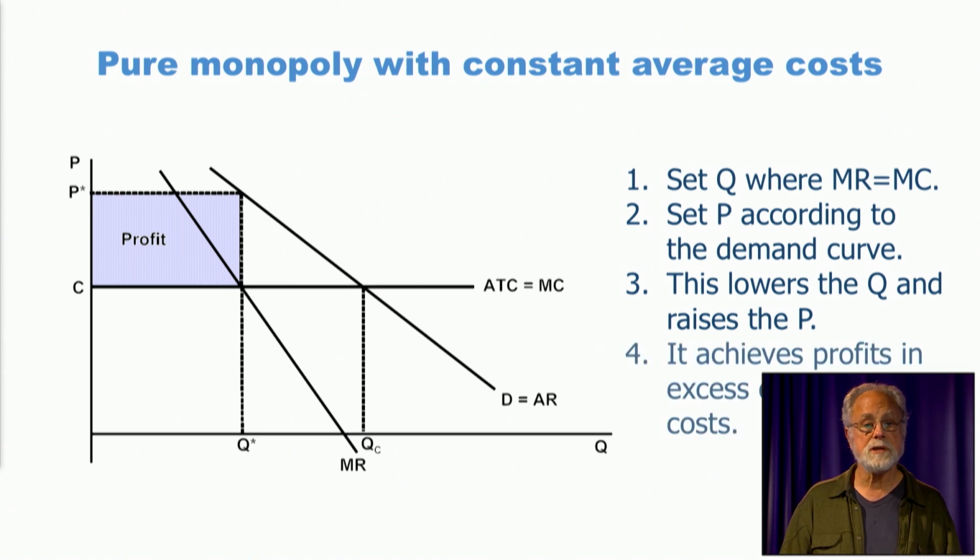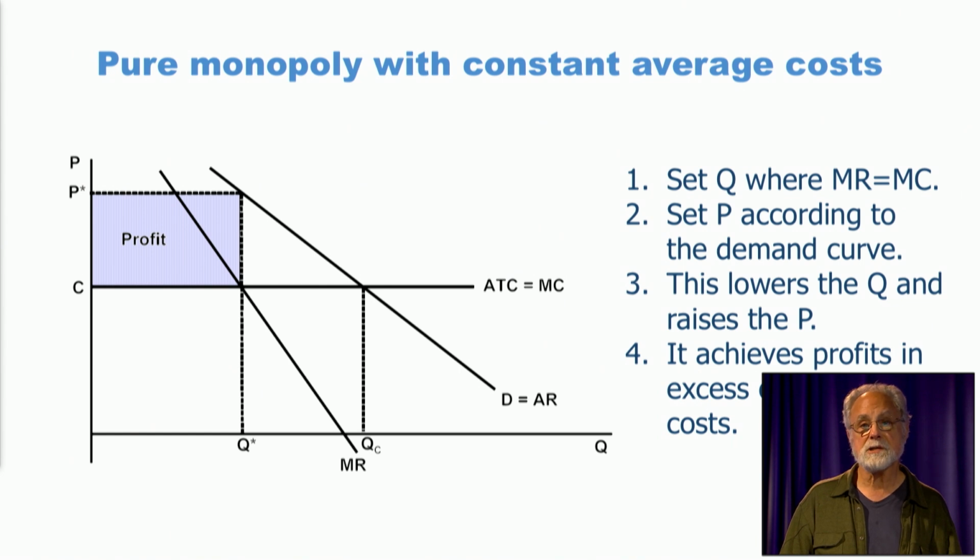And then what you see is that purple rectangle, which represents extra profit due to having a monopoly. It's the additional profit per unit, so that's the price minus the cost, P star minus C, that vertical distance, times the quantity of how many units you have, which is Q star.